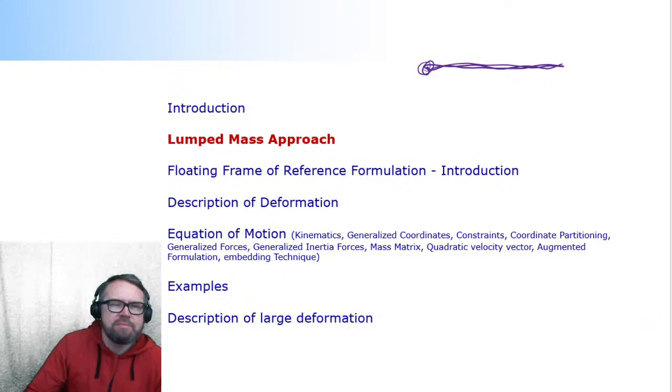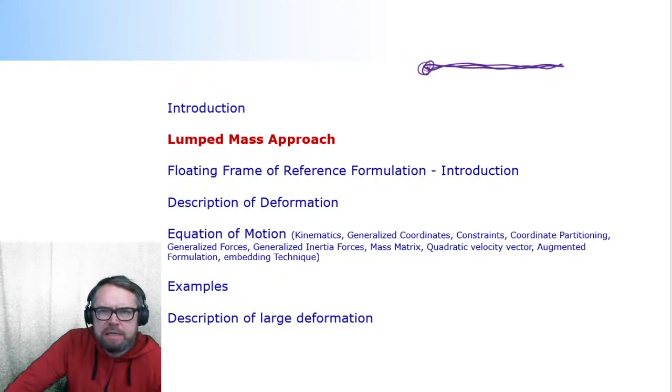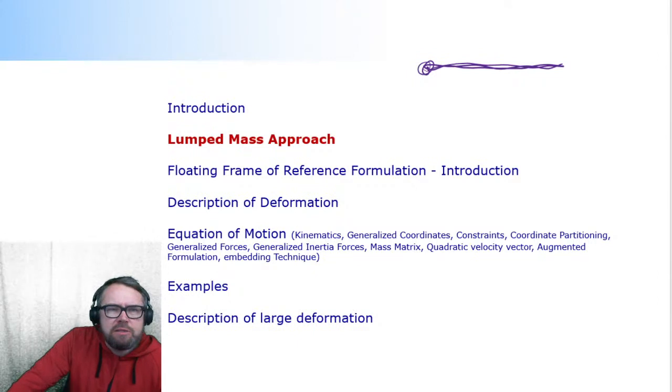Okay, and now I see that there is a comment in the chat window. I think the question is related to the in-class quiz, and it goes such that it does not depend on beam dimension.